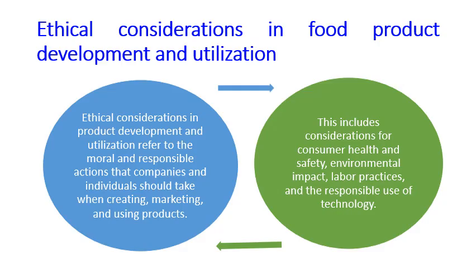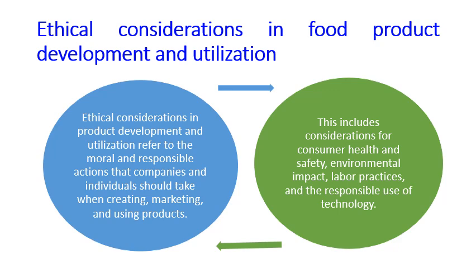Let's look at some ethical considerations in food product development and utilization. In product development and utilization, ethical considerations mean the moral and responsible actions that companies and individuals should take when they are creating products or when they are marketing or using products.